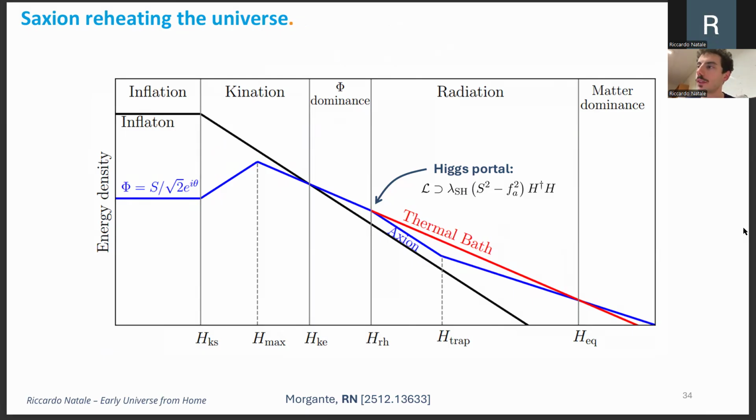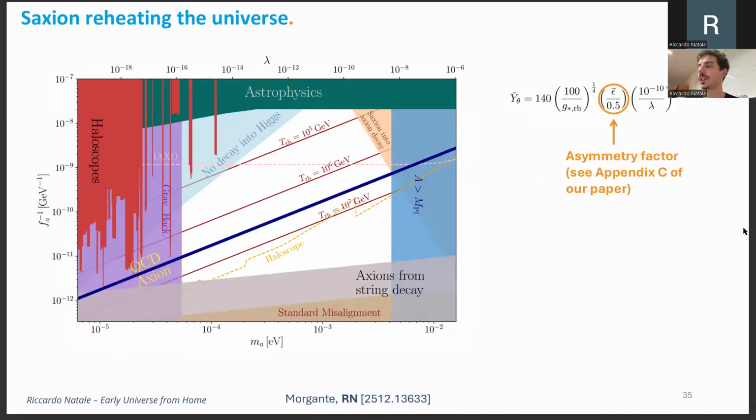So at some point, due to the slower redshift of the axion, it will dominate. And after dominating, it will decay into a standard model plasma via a Higgs portal. And in this scenario, we can identify this region in the parameter space of ALPs, in which we can explain the observed dark matter abundance via this mechanism.